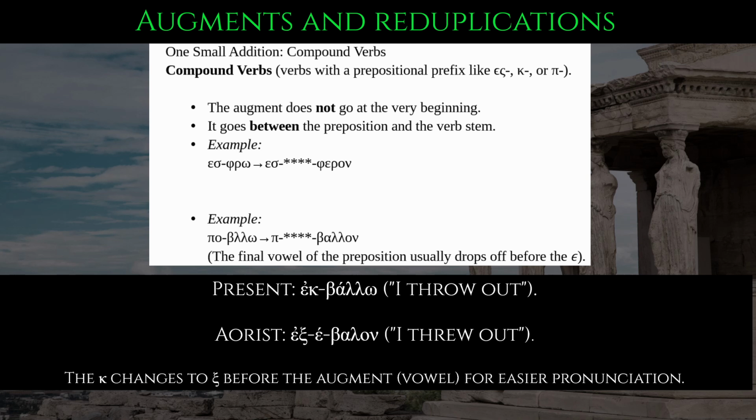Here, no issues. But in the aorist, we have exebalon. This kappa change to xi before the augment is for easy pronunciation, and we already talked about this in the phonetic rule lesson. So, as you can see, the augment e is in between the prefix, which is in this case ex, and the verb itself, ballon.